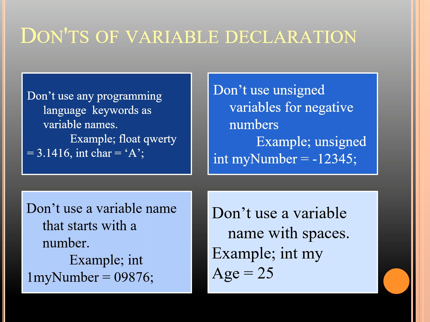Example of this is float QWERTY is equal to 3.1416, or the int car, because as stated in the example, int 1 my number is equal to 09876 would not be appropriate to use as a variable declaration.